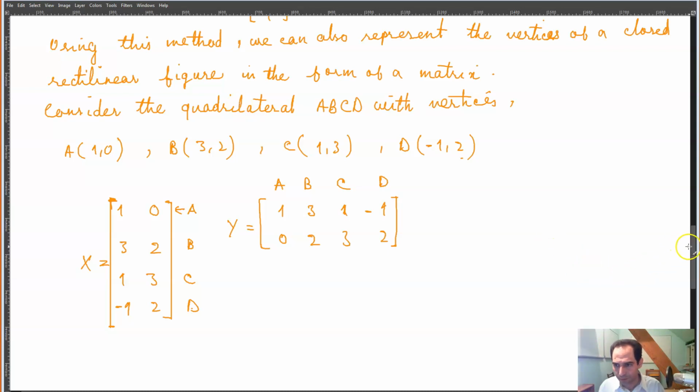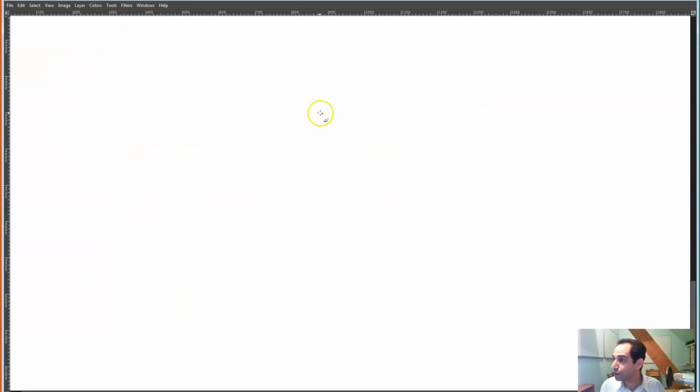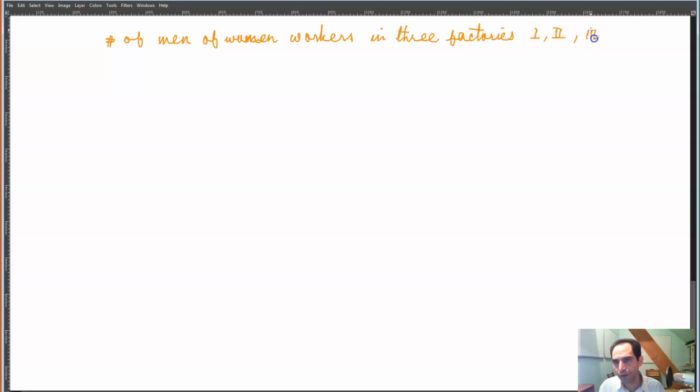Let's suppose that you have the following information regarding the number of men and women workers in 3 factories, 1, 2, and 3.